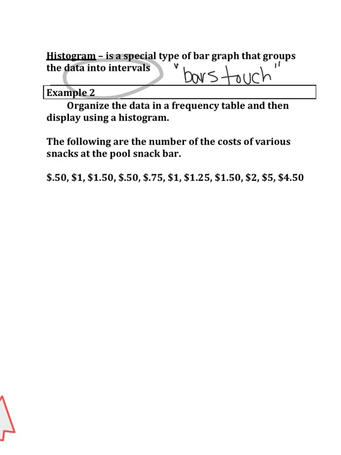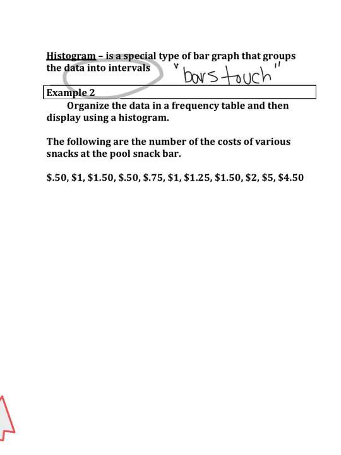So let's look at the values we have down below. In example 2, it says the following are costs of various snacks at the pool snack bar. So you'll notice it looks like our lowest value is 50 cents, and it goes all the way up to $4.50. So when I make my frequency table, I'm going to be rather thoughtful in how I want to do this.